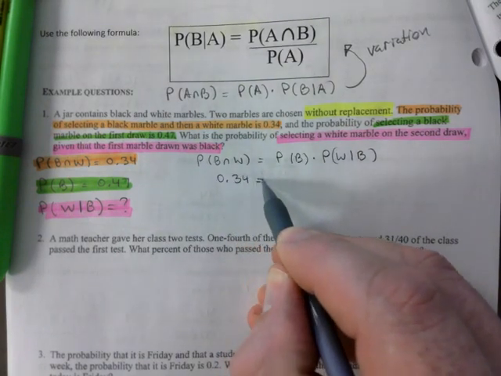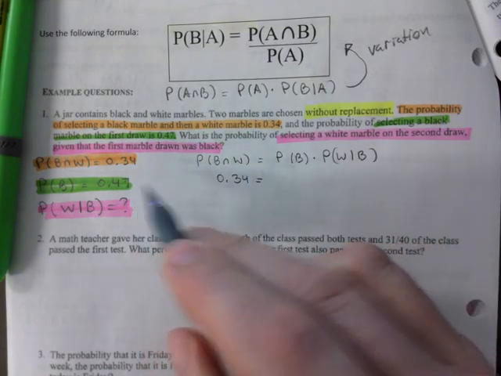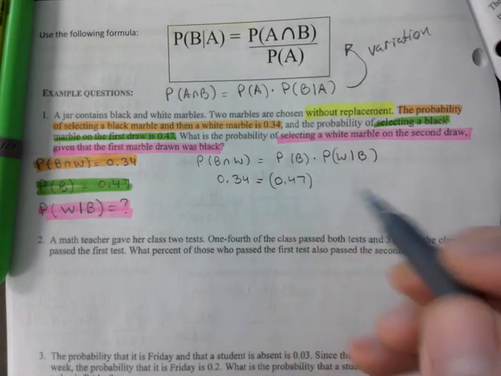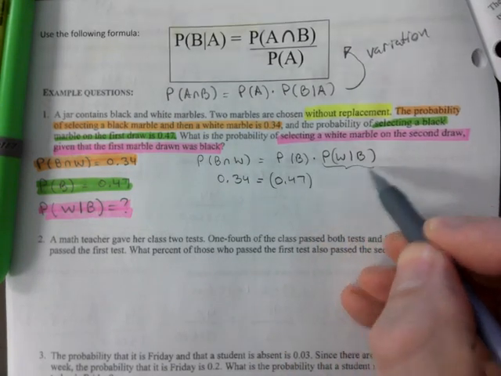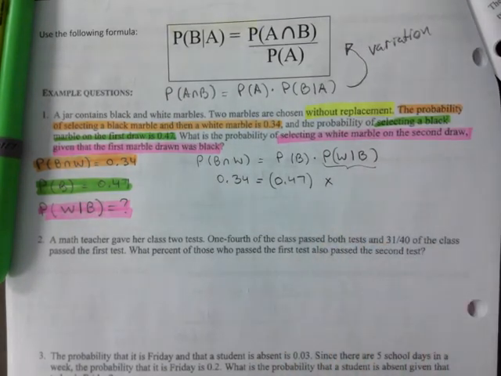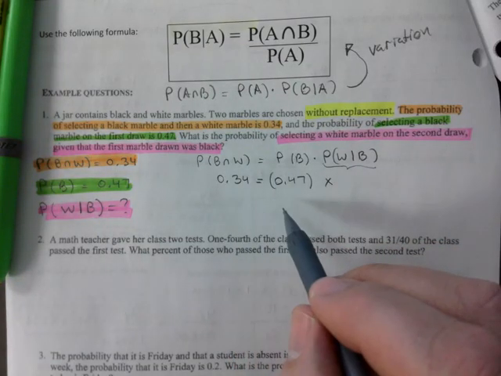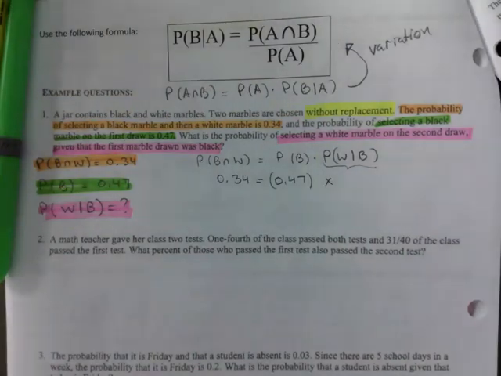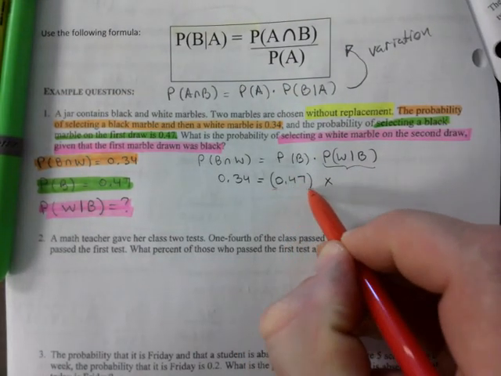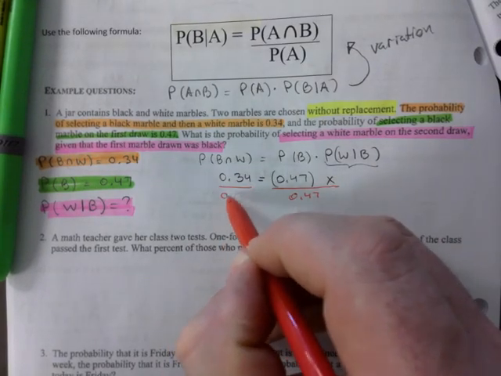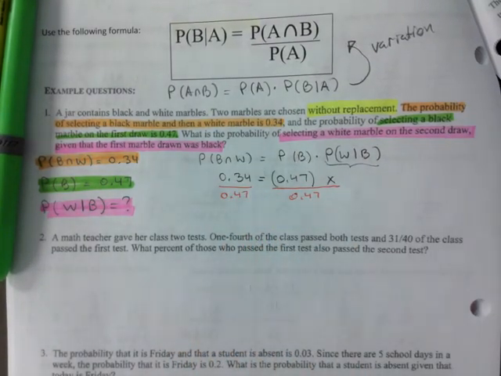We plug that in. P of B is 0.47. We plug that in. And this is what I will call X here, so we don't have to rewrite that every single time. So what would you do in this scenario? You should probably realize this is as simple as dividing both sides by 0.47. That's all we're going to do.